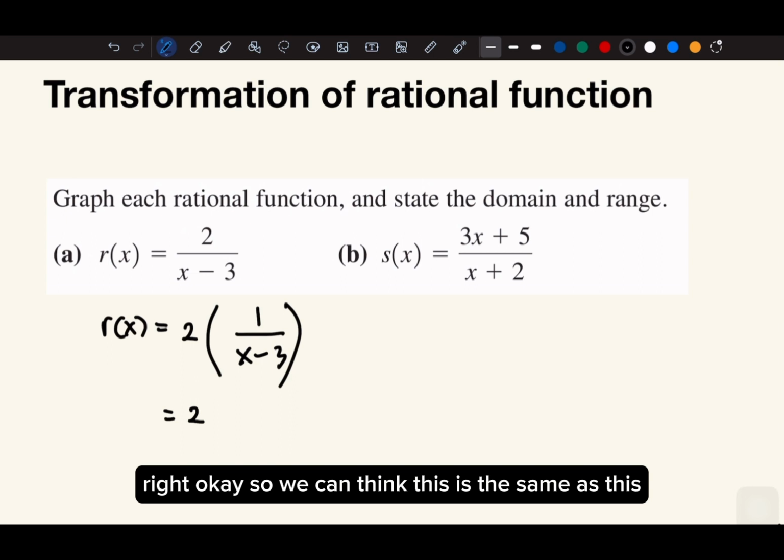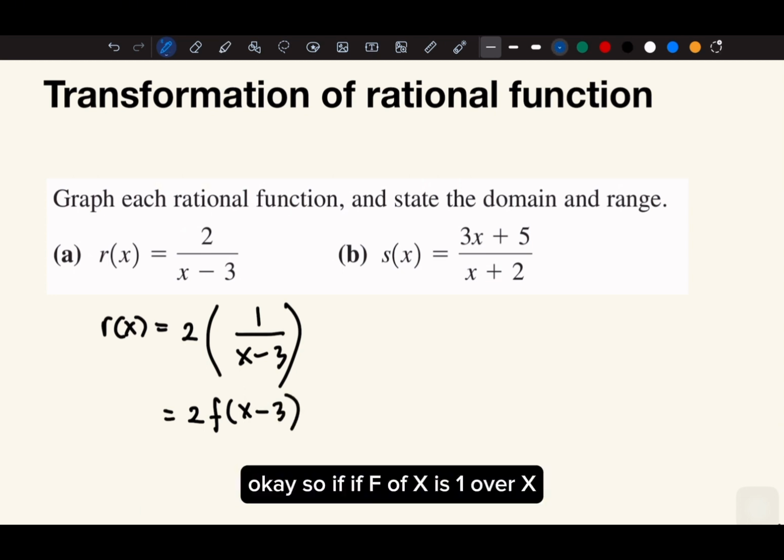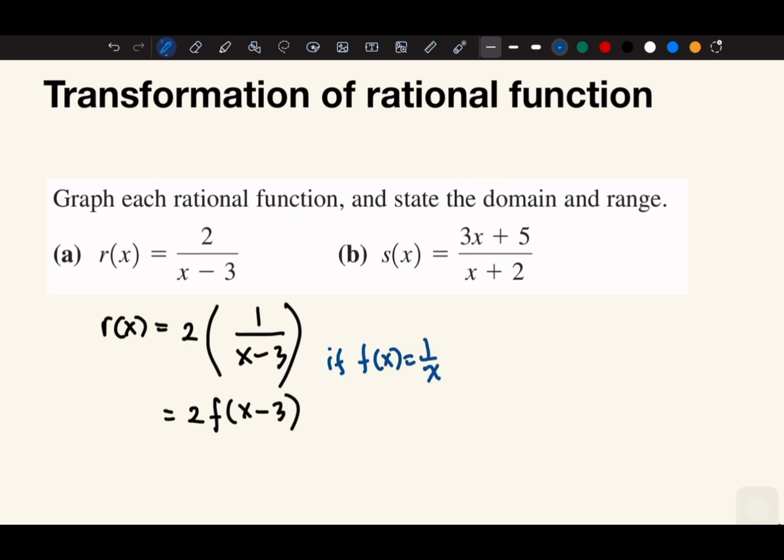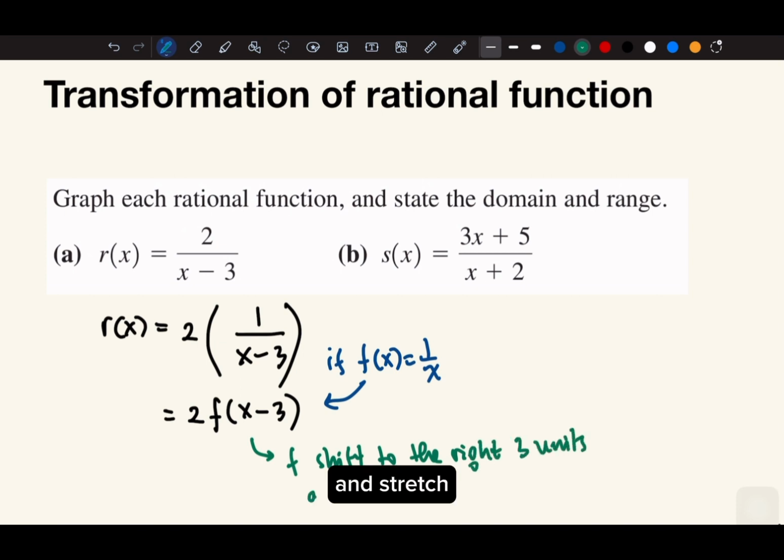So if f of x is 1 over x, this means that f is shifted to the right 3 units and stretched by a factor of 2.